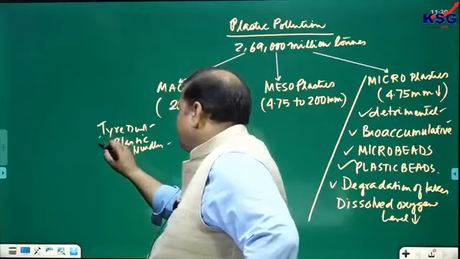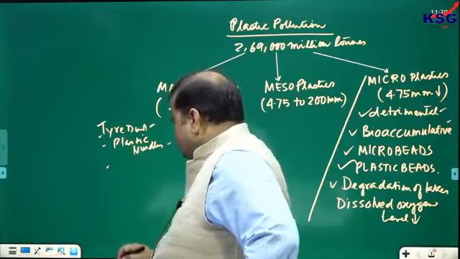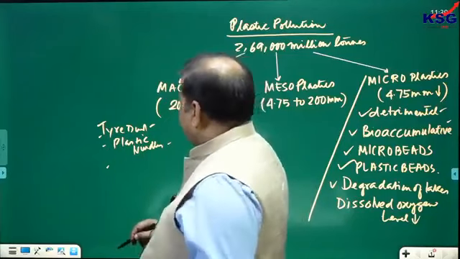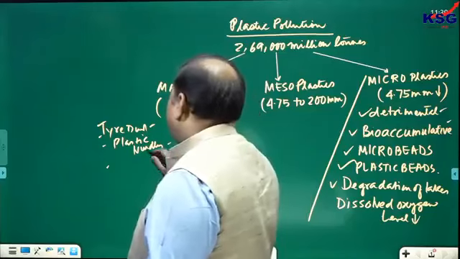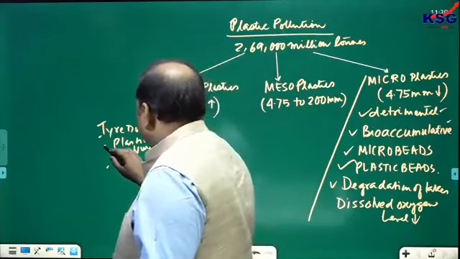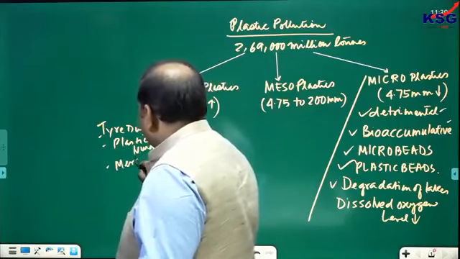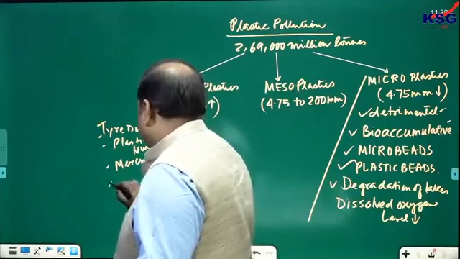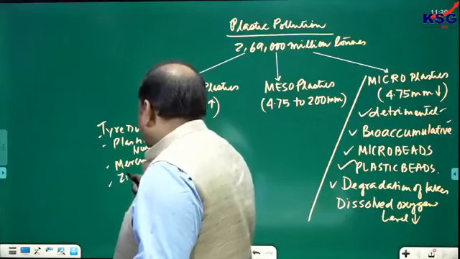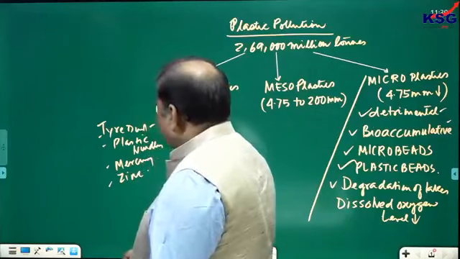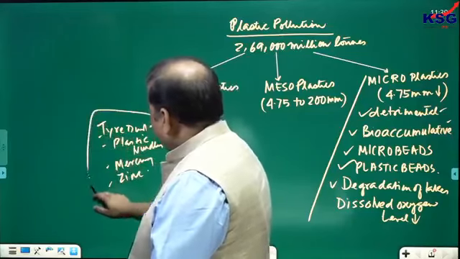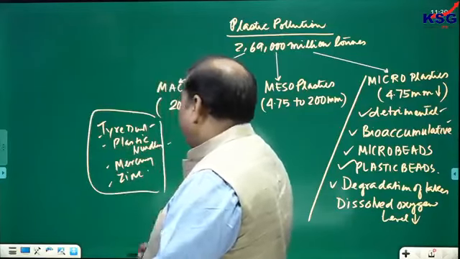The option for you is also suppose we say that there are other options like mercury is present, or suppose zinc is present, and they ask you which one of the following micropollutant is present in abundance in ocean.